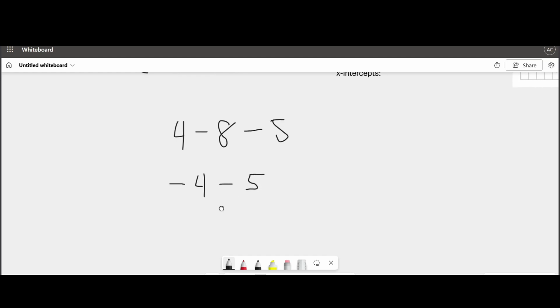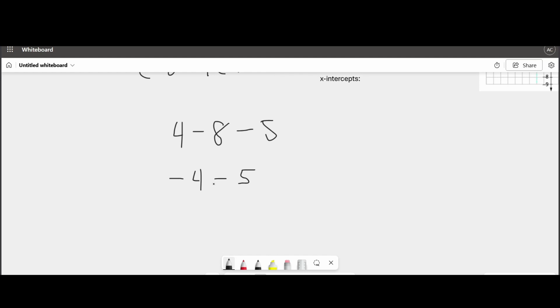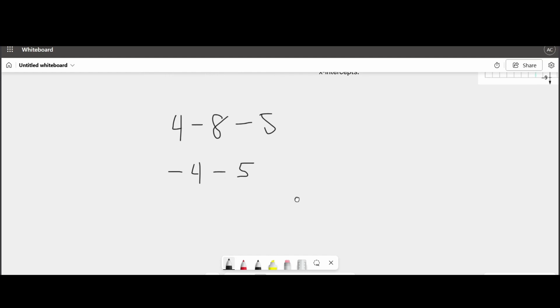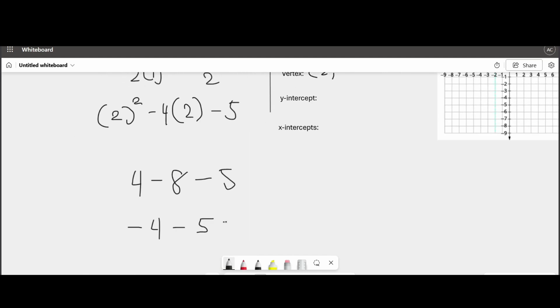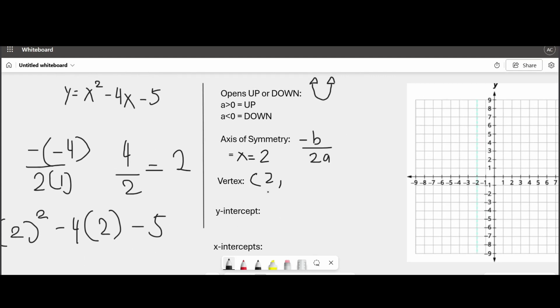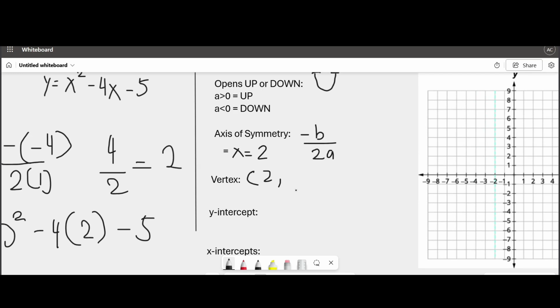Now you have to subtract these two: negative 4 minus 5 is obviously going to be negative 9. So our answer for the y variable in the vertex is negative 9.